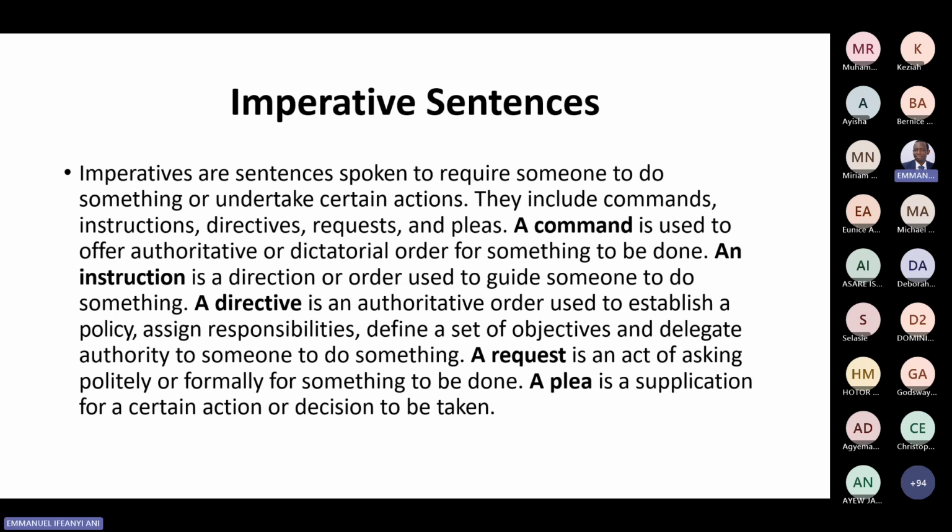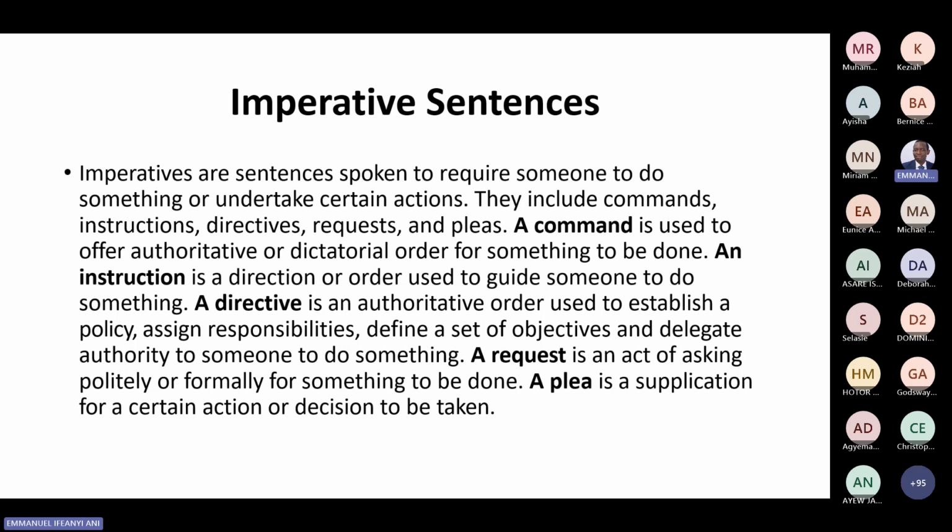They include commands, instructions, directives, requests, and pleas. The command is used to offer authoritative or dictatorial order for something to be done. An instruction is a direction or order used to guide someone to do something. A directive is an authoritative order used to establish a policy, assign responsibilities, define a set of objectives, and delegate authority to someone to do something.